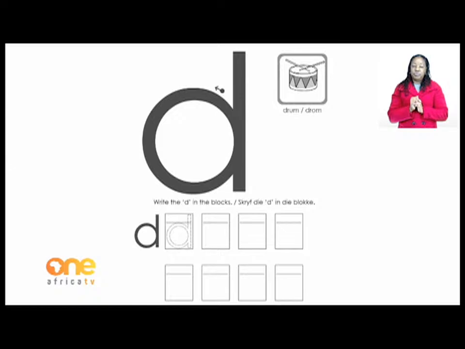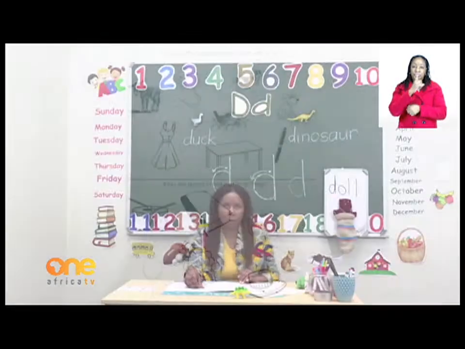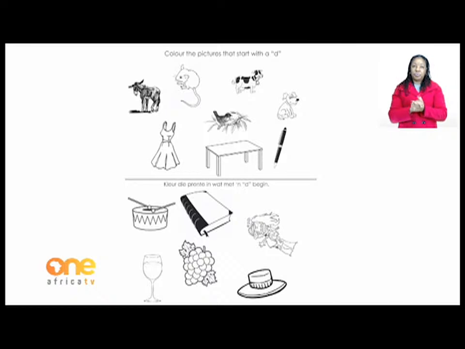Let's turn to page 17 of our booklet. On page 17, we are still concentrating on the sound D, D, D. Letter D. And the instruction says, color the pictures that start with a D. Now what we need to do is name the pictures that we see on page 17.